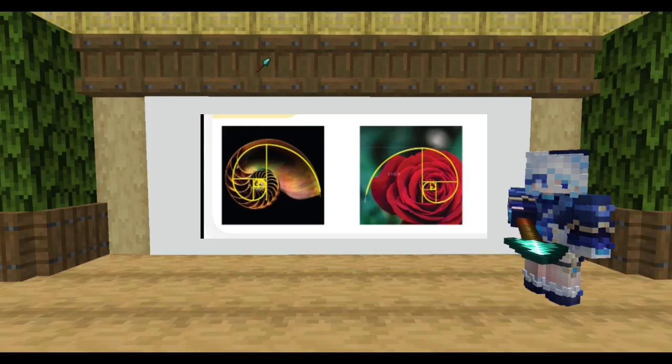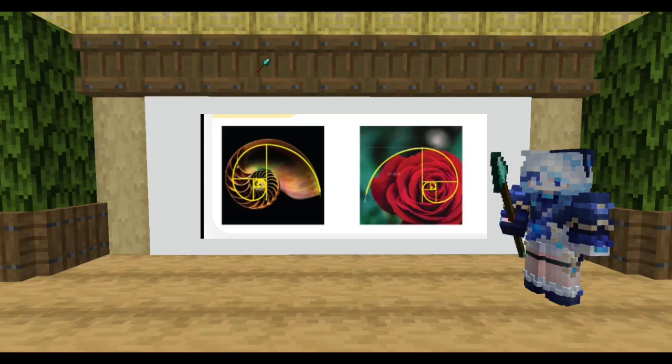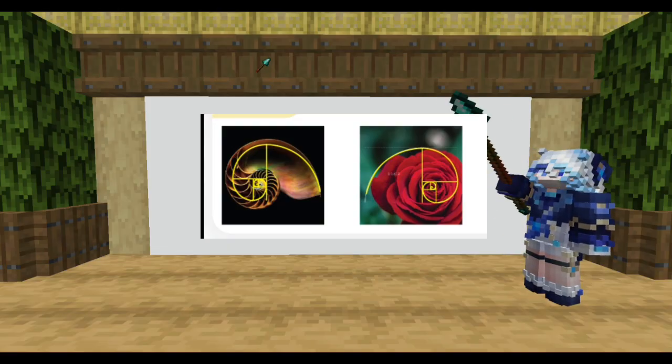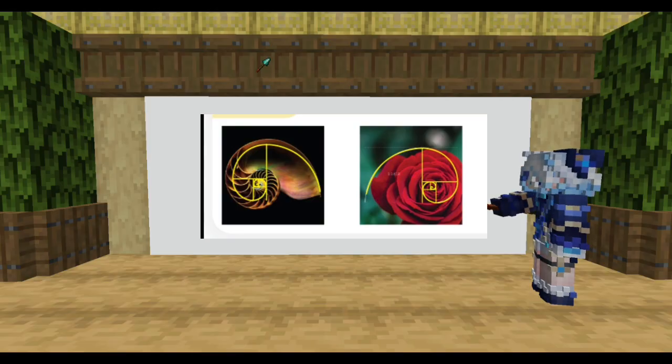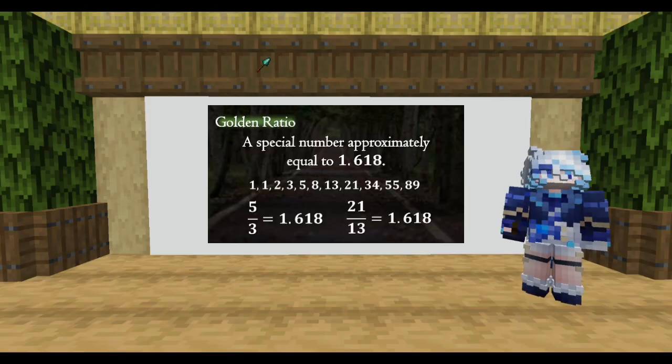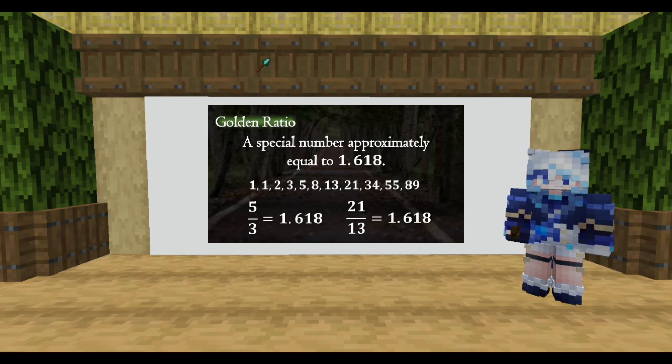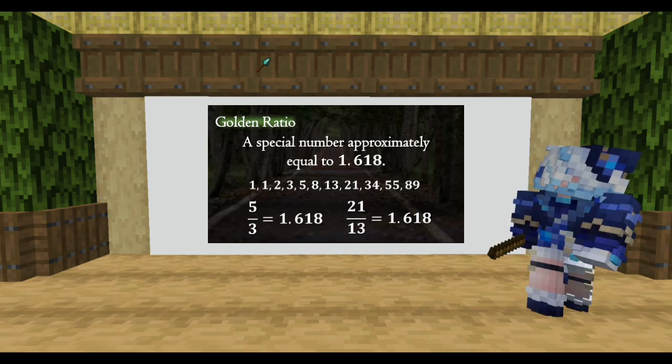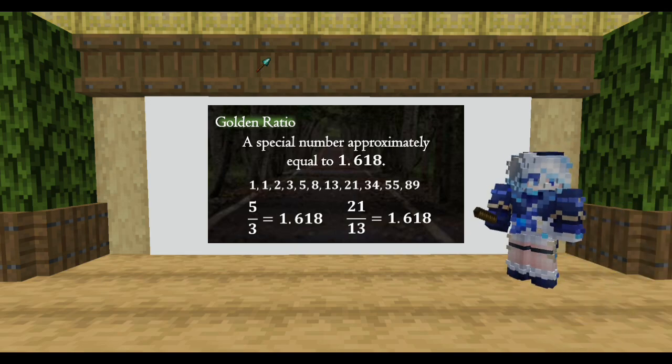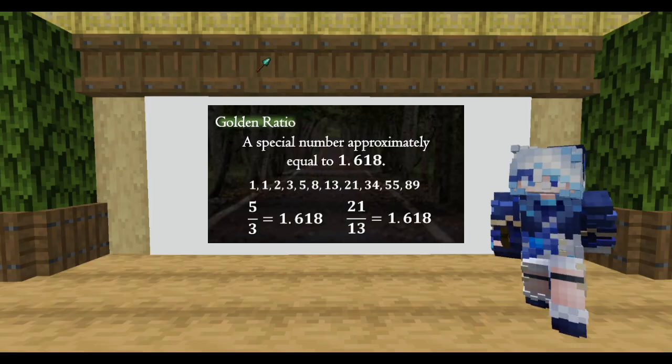Notice something? Well, that's right. The golden line that you see here is what we call the golden ratio. The golden ratio is a special number approximately equal to 1.618.